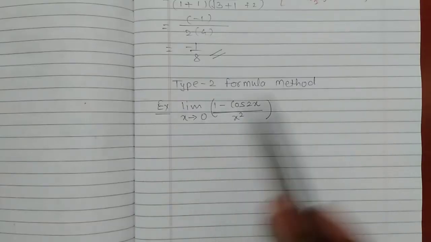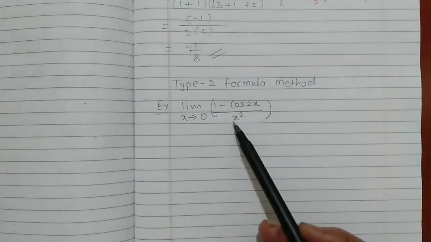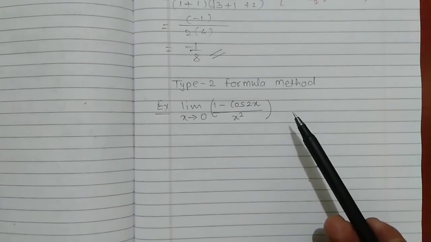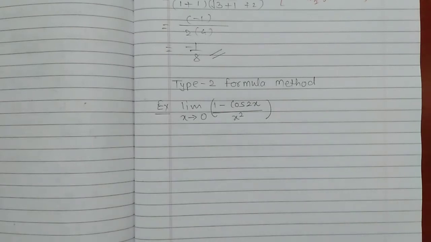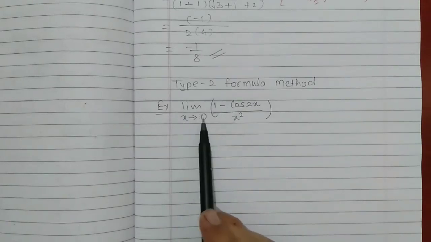Next one is type 2, formula method. We know that in this case either the numerator or denominator is a trigonometric function or both, and x tends to 0.